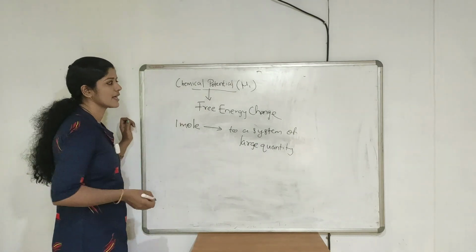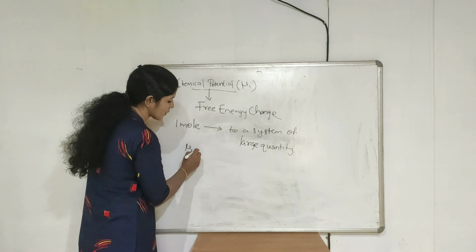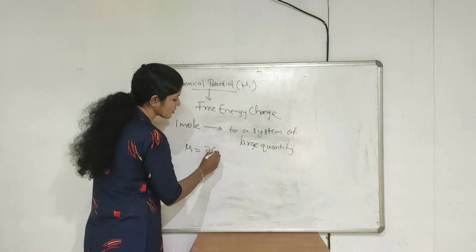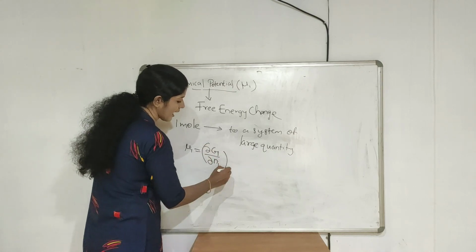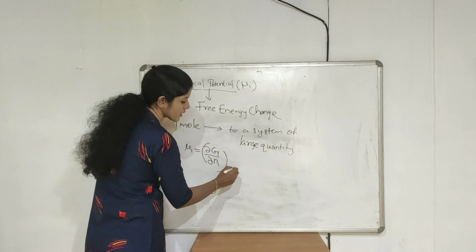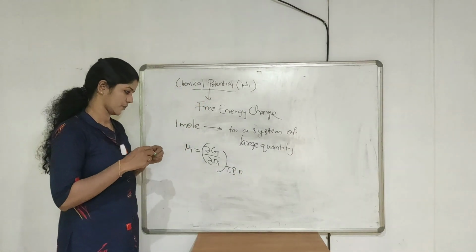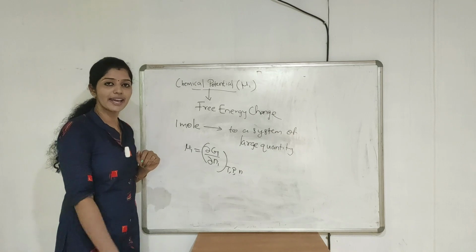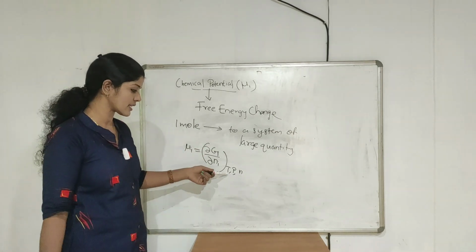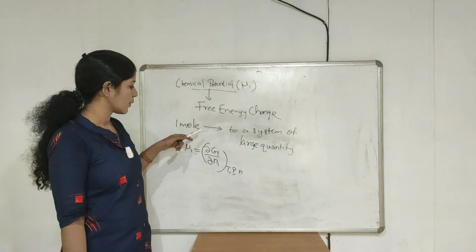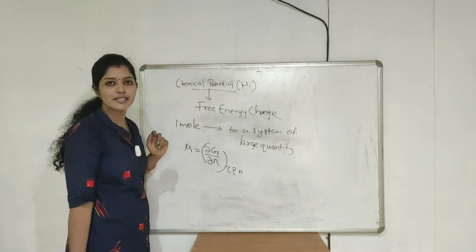Now, how can we represent chemical potential? Chemical potential mu i is equal to dou G by dou Ni at constant temperature, pressure and N. So always this will take place at constant temperature and pressure.